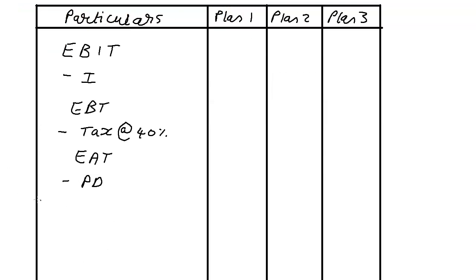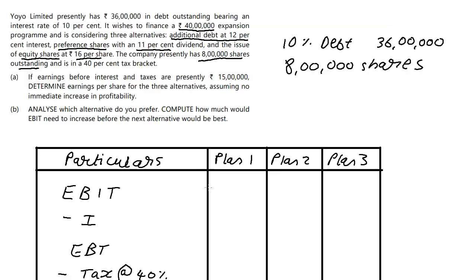We get earnings available to equity shareholders, and then we divide that by number of shares in order to get EPS. And we have EBIT given to us at 15 lakhs. So we can put down 15 lakhs everywhere.